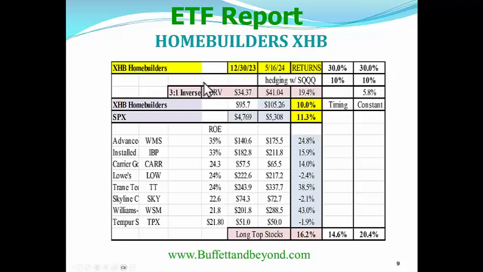But with this DRV, we haven't used it at all except for the past couple of weeks, and it's doing well for us, but it's not supposed to be. It's supposed to be a hedge. It's insurance. It's supposed to cost money. Instead, it's making us money. So we have study to do on this. Do not go out and buy until we figure out what's going on with this.